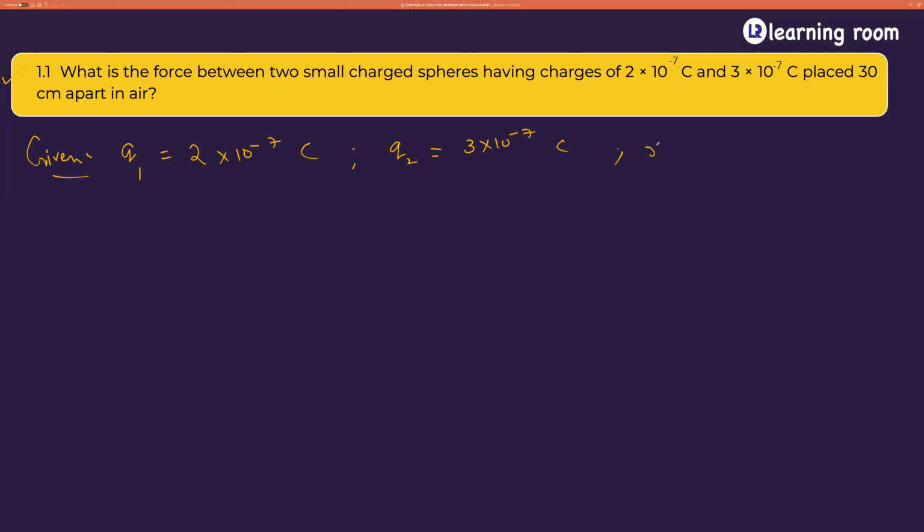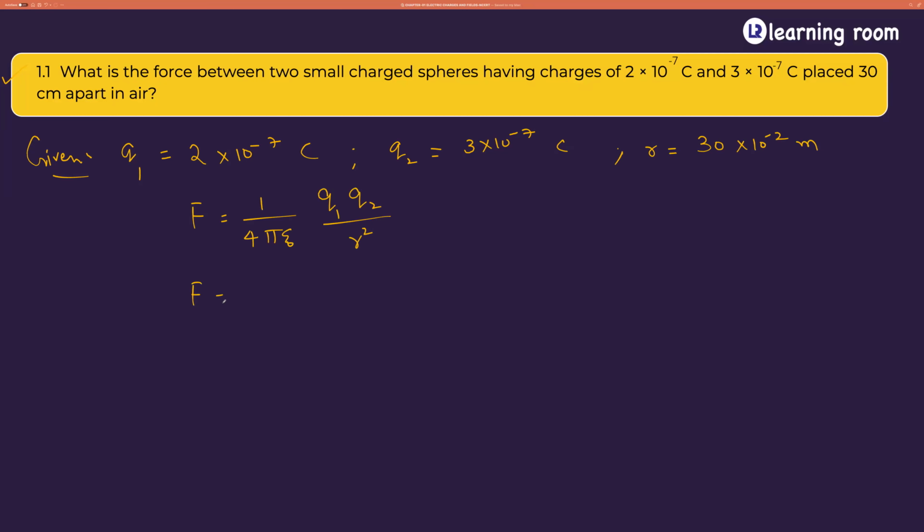And what is the distance of separation between them? It is given as 30 centimeter. So 30 into 10 power minus 2 meter, right? And they are separated in the air medium. So what is going to be the force here? F is equal to 1 divided by 4 pi epsilon naught Q1 Q2 the whole divided by R square, right?